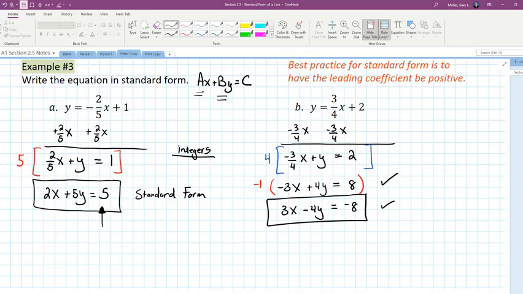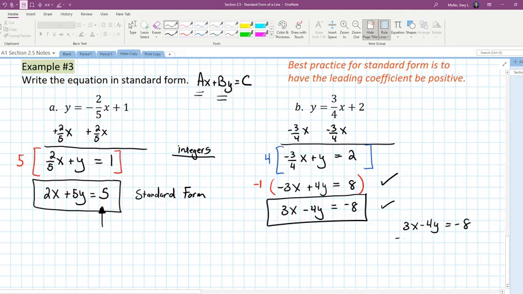In case anybody is confused or concerned, and you probably aren't, if you wanted to put this back into slope-intercept form, make it say y equals, it should still be the same equation. So let's just try that real quick and show you that they are in fact still the same exact equation.